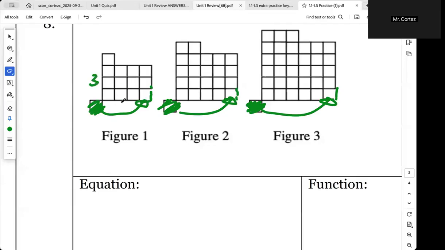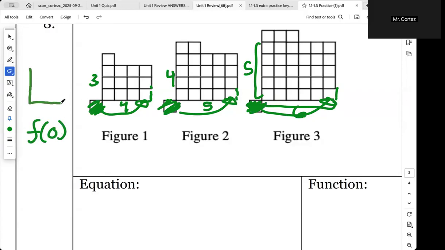Height of 3, width of 4, height of 4, width of 5, height, again, just from here to here I'm talking about, of 5, width of 6. So in theory, figure 0, that rectangle should be height of 2. What's the width? Hopefully you say 3.